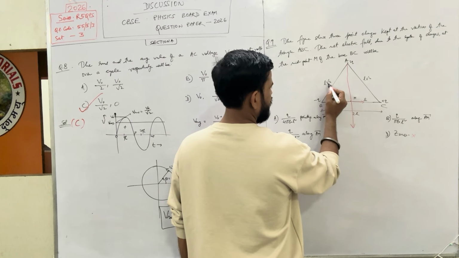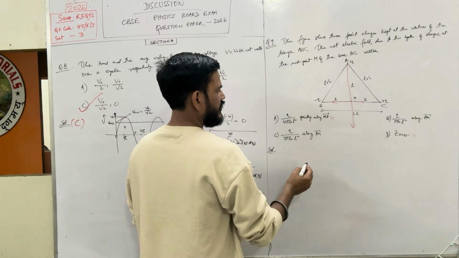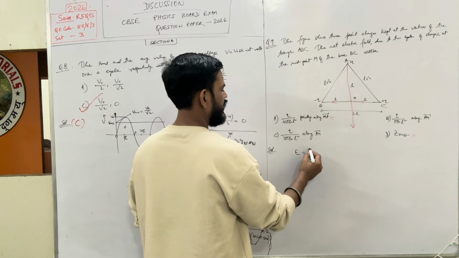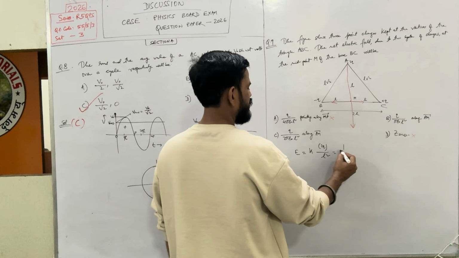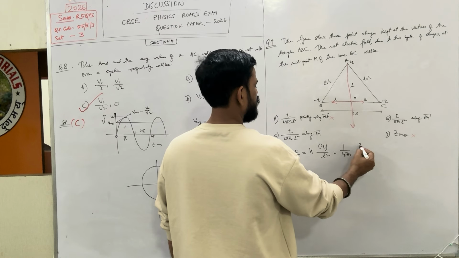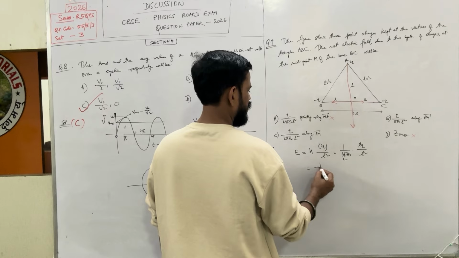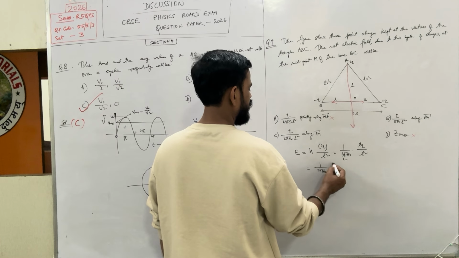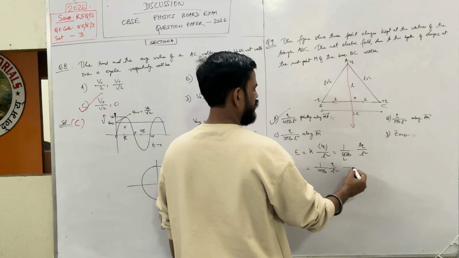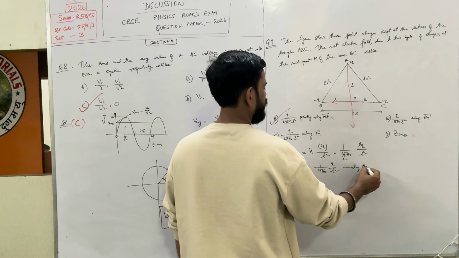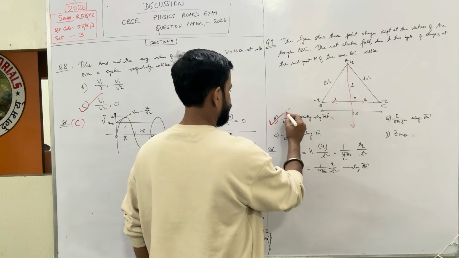If this is L, this is L root 2, using Pythagoras theorem, this becomes L. Now, the electric field will be K into 2Q by L square. Value of K is 1 by 4 pi epsilon naught. 2q by L square, 2 gets cancelled, so you have 1 by 2 pi epsilon naught q by L square. The correct answer is A, along AM. So A is the correct answer.